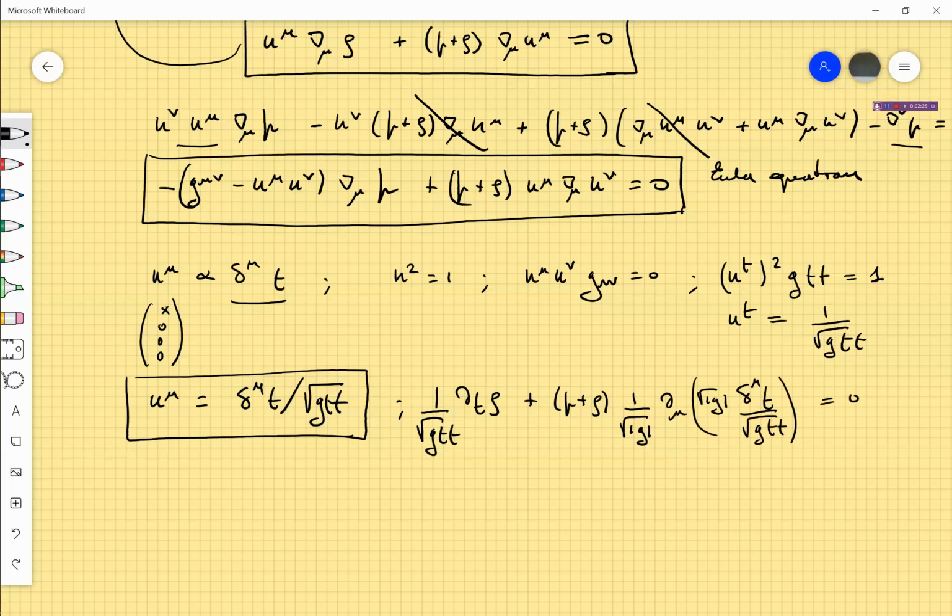This has to be 0. Since we have here δ^μ_t, in the partial derivative only the component t does something.